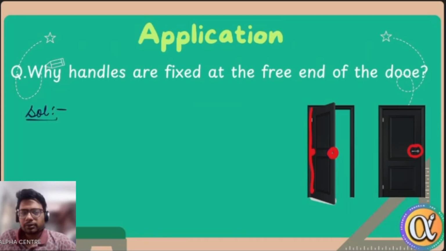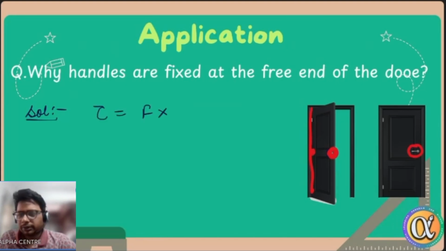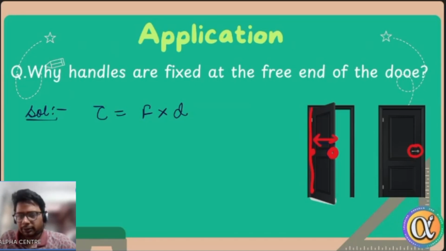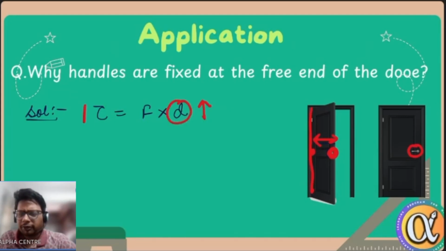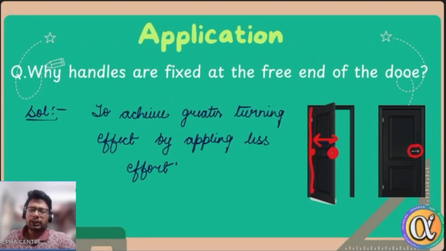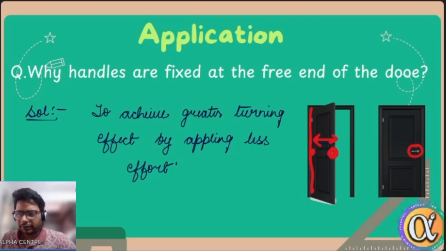For explanation, we can say since turning effect is force into distance, if the handles are kept far away from the hinge, the distance is more, so we can get a greater turning effect even for a lesser force applied. So to achieve greater turning effect by applying lesser effort. Am I clear?